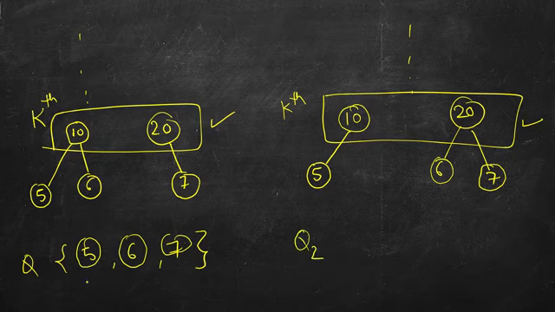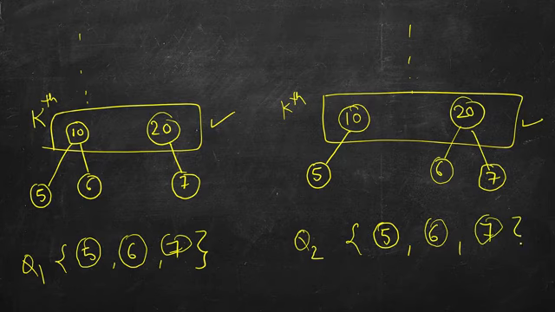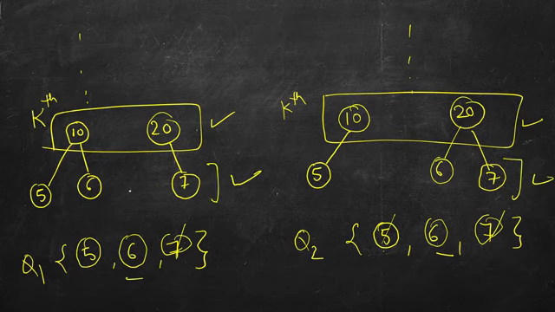And in Q2 we will have 5, 6 and 7. When we pop the first element and compare with the popped element of Q2, they are the same. We pop the next element, 6, and compare, they are again the same. Next we pop node 7 and compare, they are the same. So we would say that even at this level they are the same, but they are not the same.